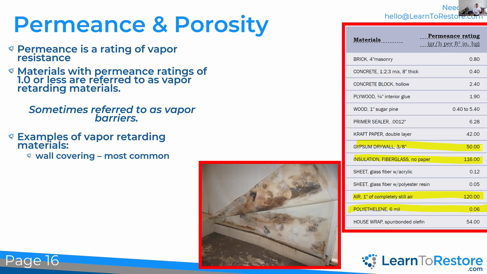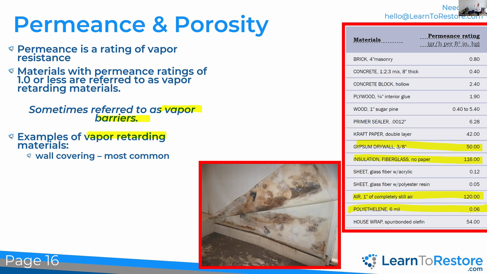So I really have to know if something is non-permeable. We call it a vapor barrier or oftentimes a vapor retarding material. Like when there's a forest fire, the big tanker airplane goes over and drops that orange fire retardant because it's going to keep the fire from progressing. A vapor retardant keeps the vapor from progressing.